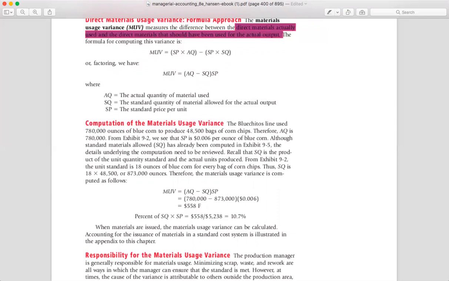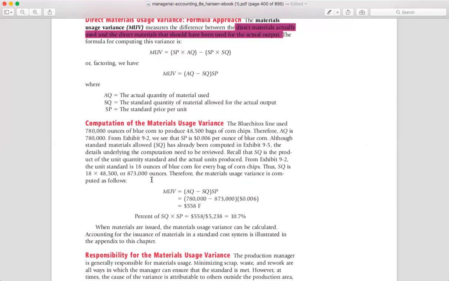So that was the standard quantity, right? Because based on the standard, we need 18 ounces of blue corn for every bag of corn chips. So, okay, the standard is set like that, and the total becomes 873,000. So how do we calculate the material usage variance?